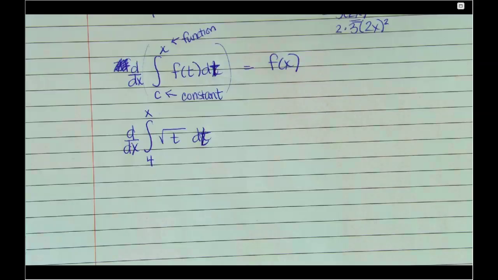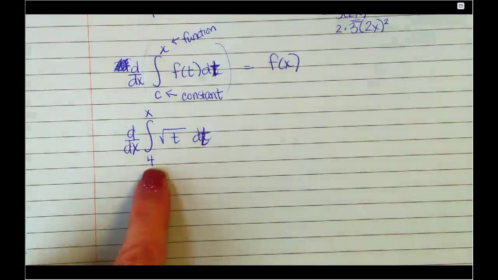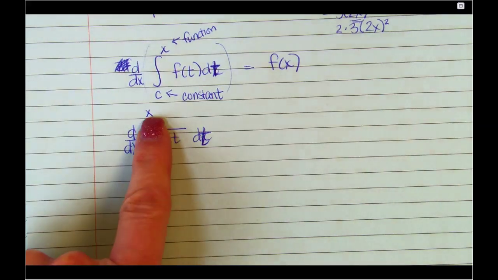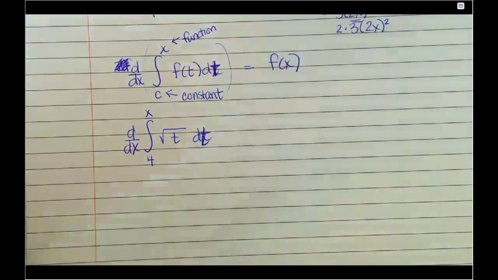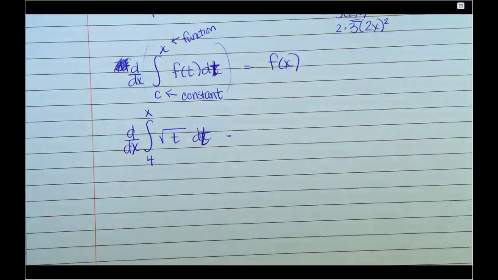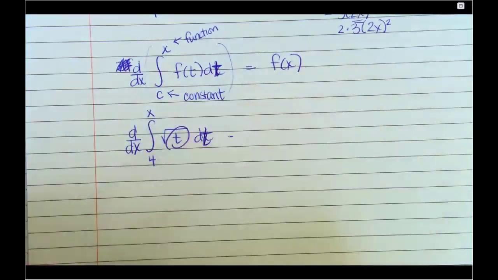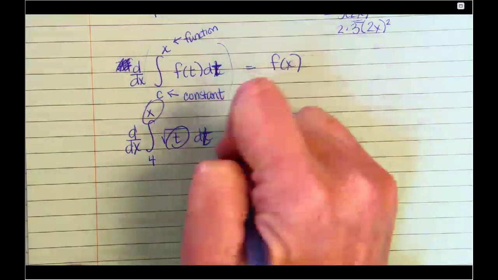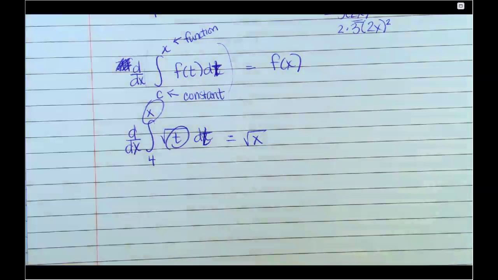So this says that if you have this situation where it is a constant on the bottom and an x on the top, all you have to do to take the derivative of an integral is replace this variable with this thing here. So it literally is the square root of x. Okay, it's pretty easy.